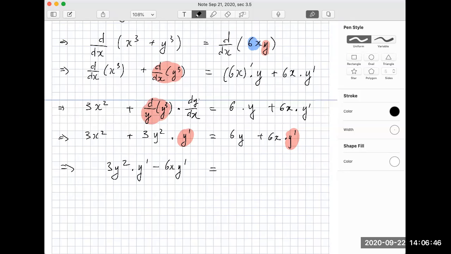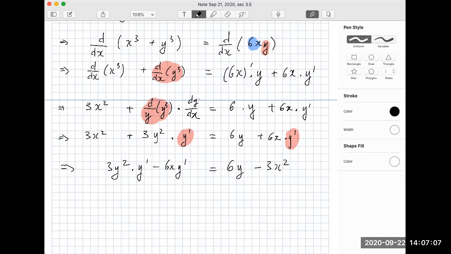And the right-hand side, what is it? Very good, 6y minus 3x squared. So we subtract both sides by 3x squared and 6x y prime.